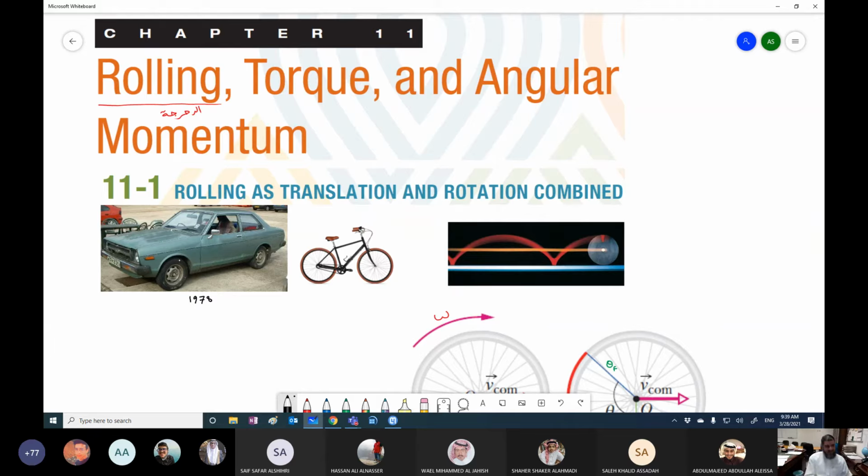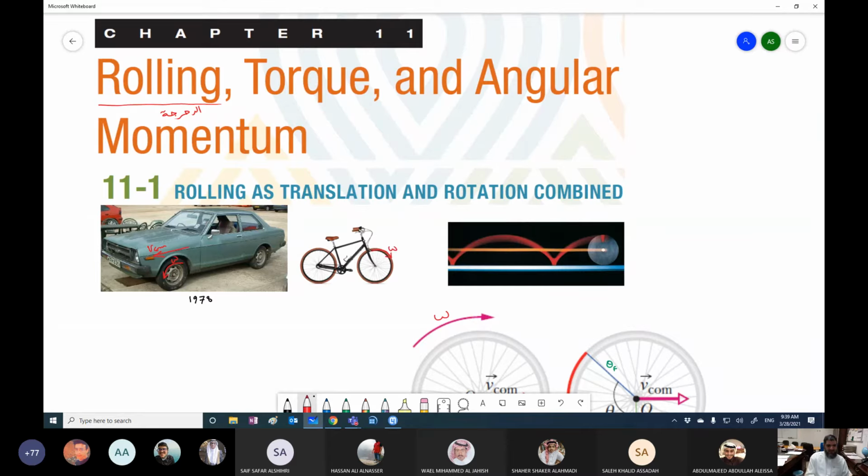Okay, so here what we have, you have the wheels rotating, okay, and at the same time because of friction you will have the body of the car moving forward. Okay, so we can call this the velocity of the center of mass, and this is the omega. Same thing applies here for the bicycle. The bicycle, the wheels are rotating.